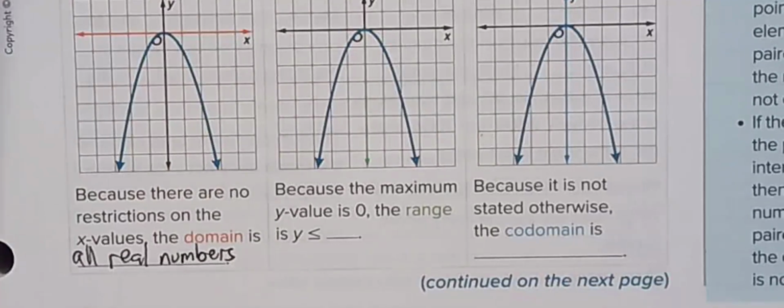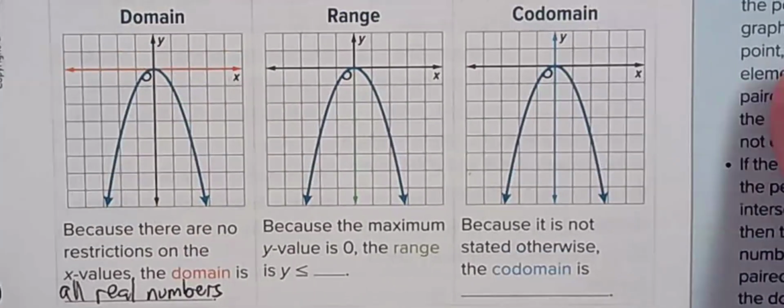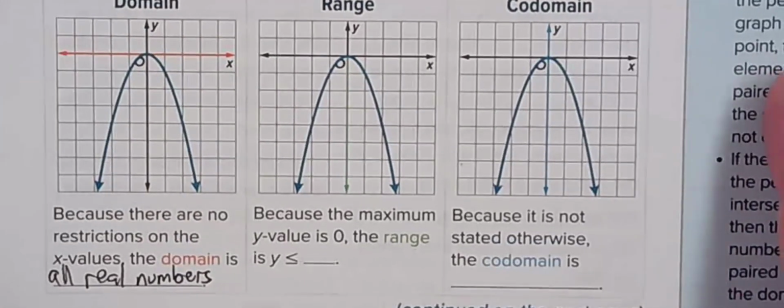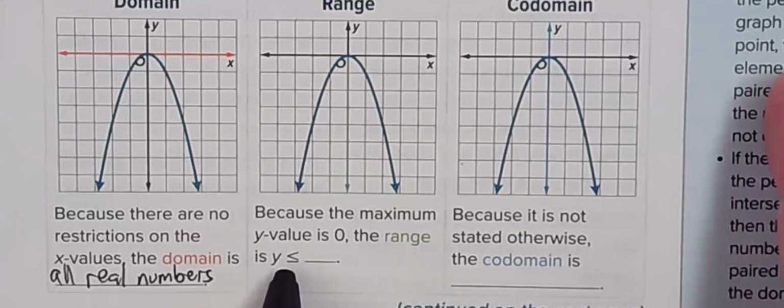All right. Because the maximum, now we're talking about range. The one in the middle has to do with the range. Because the maximum value of y is 0, that means it can't go above 0. The range is y is less than or equal to 0. Yeah, it's either 0 or less than 0.